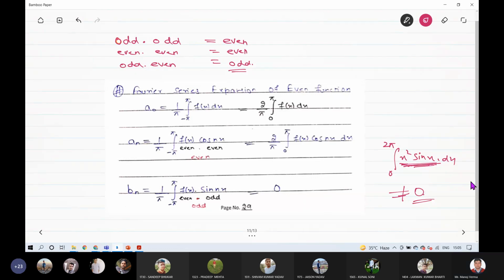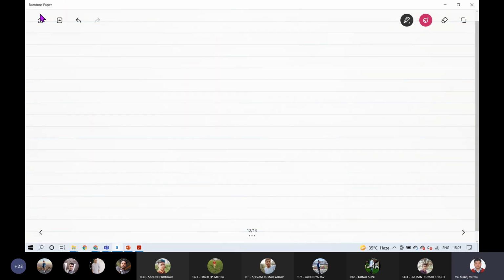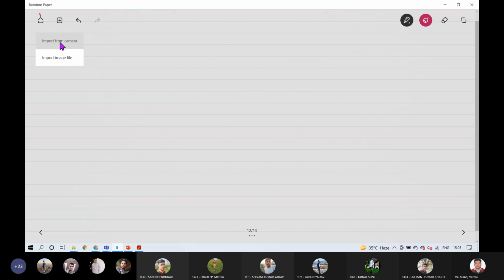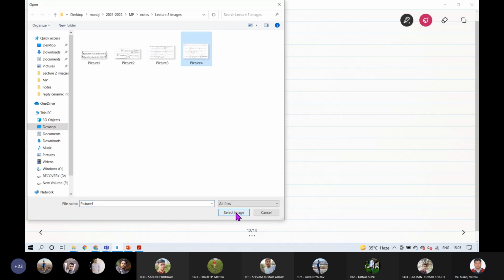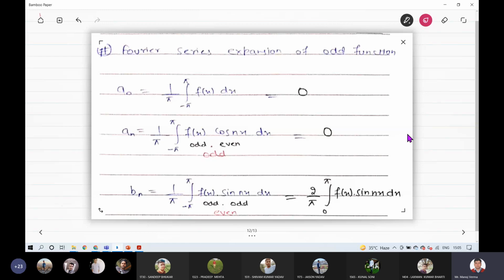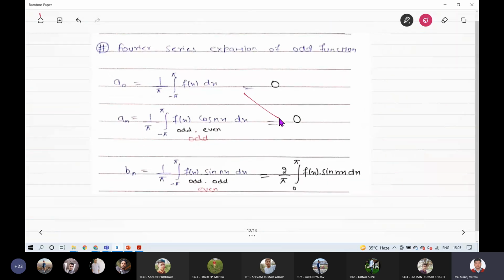Similarly, for an odd function, the simplification will be something like this. In this case, as my function is odd, this integral a naught will be 0, this integral a n will be 0.